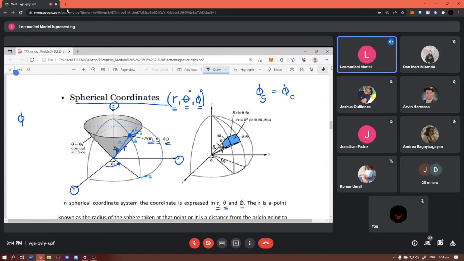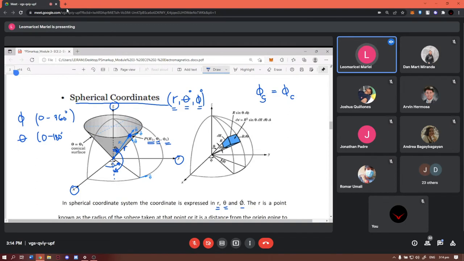Okay, so, yung ating phi is measured from 0 to 360 degrees yan. Yung ating theta is expressed from 0 to 180 degrees lang. Kumbaga, kung ipo-project natin dito papunta dyan, yung ating axis, so our theta can be expressed hanggang doon.